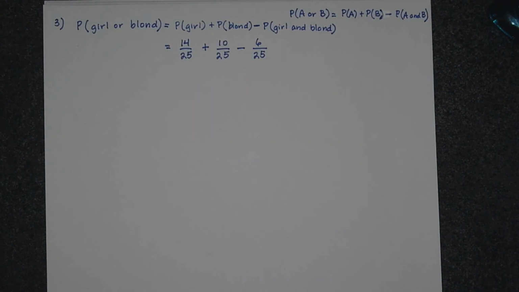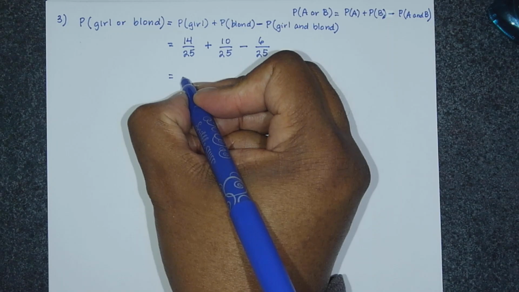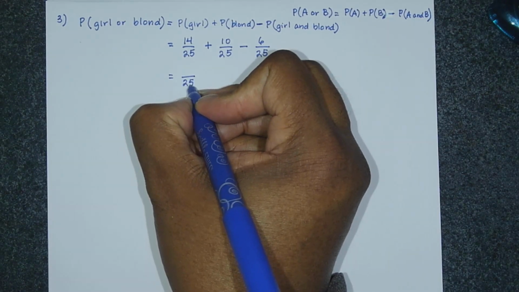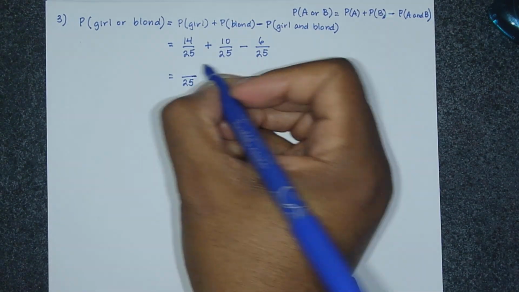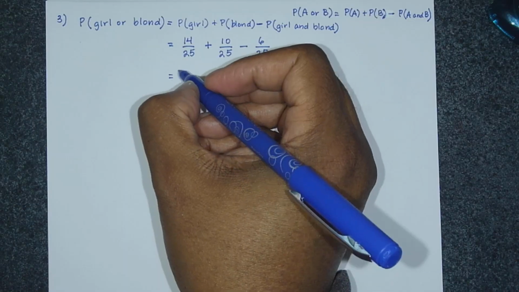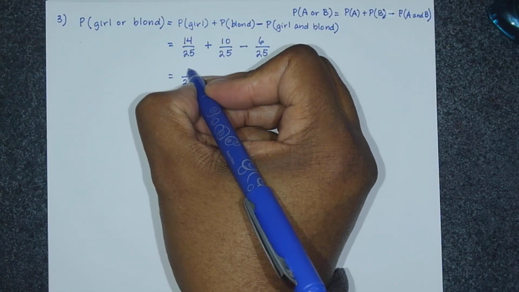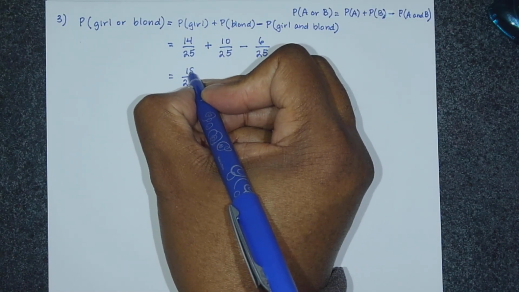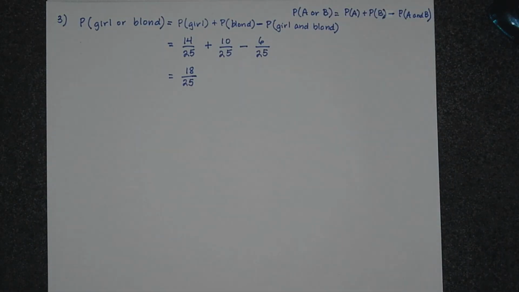So if I know the denominator is 25, so I just bring that down. What's 14 plus 10 minus 6? 18. So the probability of selecting a girl or a blonde child will be 18 out of 25.